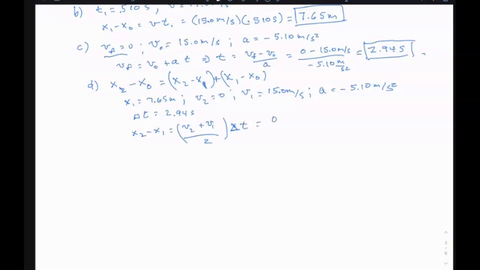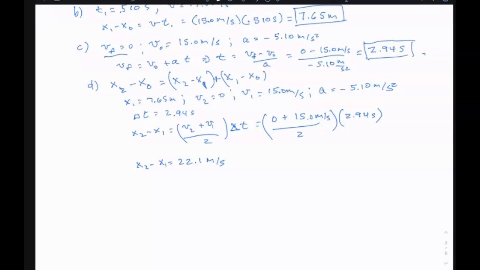So this is 0 plus 15.0 meters per second over 2 times the time interval 2.94 seconds. And then we solve for this with our calculators, and we get to 3 significant figures a displacement of 22.1 meters.